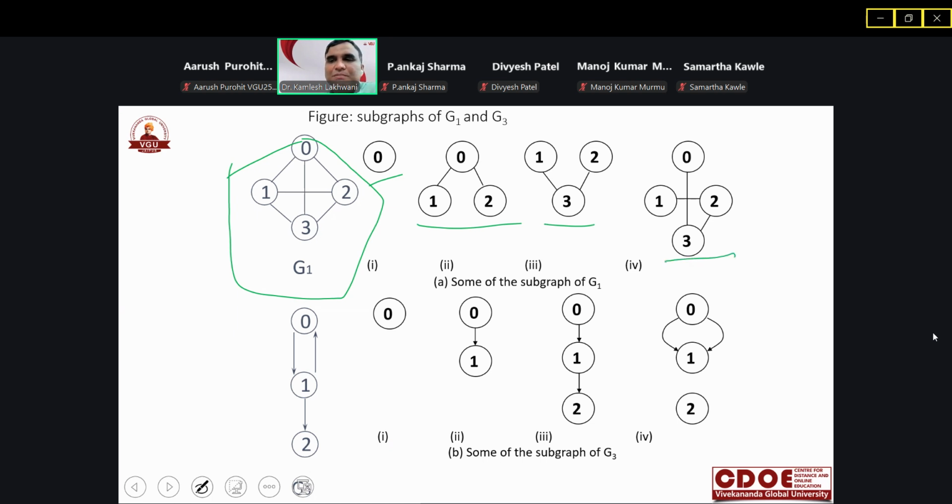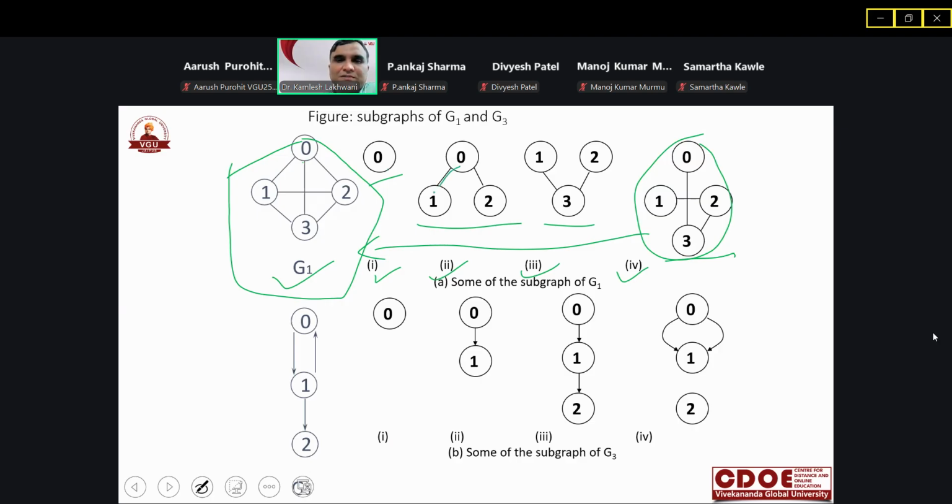This is also a subgraph of G1 because this type of graph is available here in G1. So 1, 2, 3, and 4, all are subgraphs of graph G1, because 0 itself is available in G1.